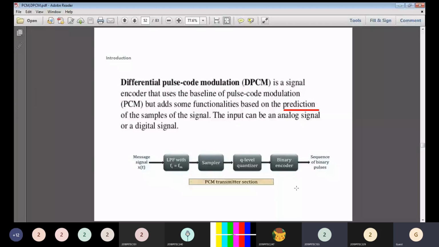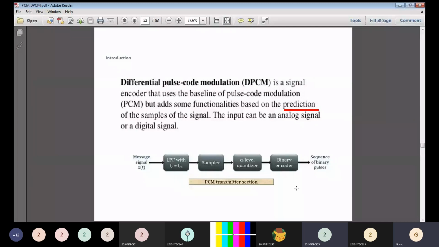This is said to be differential pulse code modulation. We can say differential pulse code modulation is a signal encoder that uses the baseline of pulse code modulation but adds some functionalities based on the prediction of the samples of the signal. The input can be an analog signal or a digital signal.